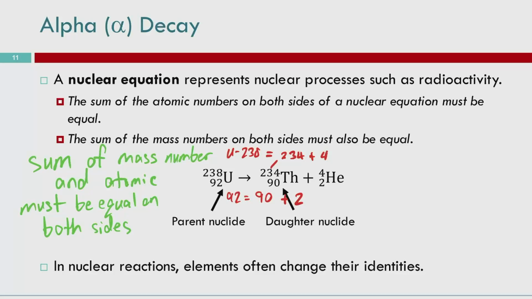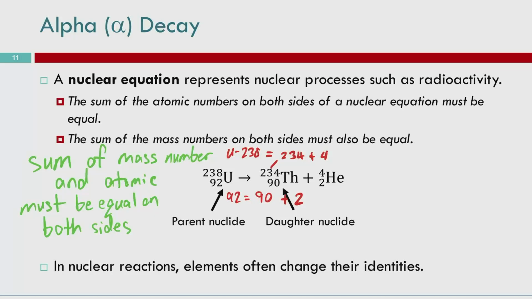So often what I'll do when I'm solving these, and what you might want to do as well, is just make little equations like this. For example, if we're looking at the mass number, we probably won't know that it's 234 for our daughter nuclide, our thorium in this case, Th. We wouldn't know that it's 234, but we know that we're losing an alpha particle, and our alpha particle has a mass number of 4.